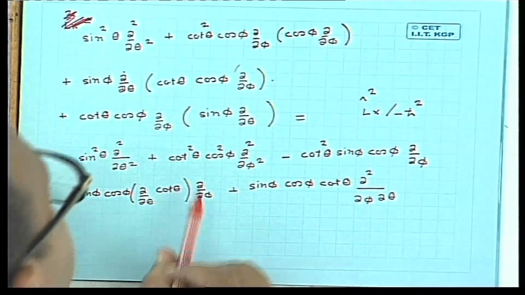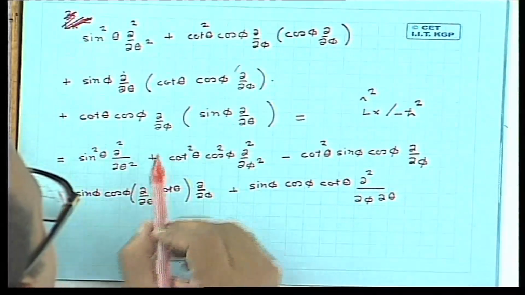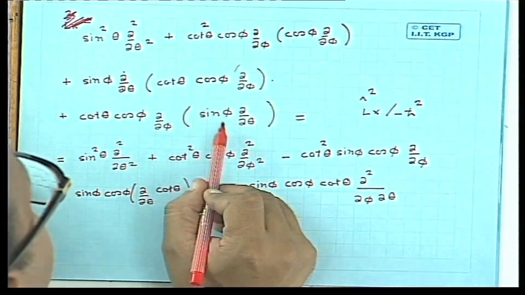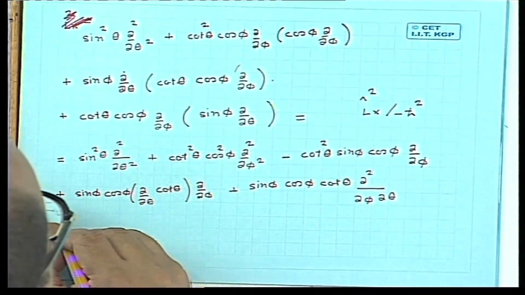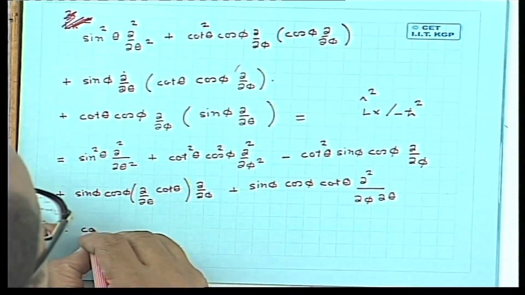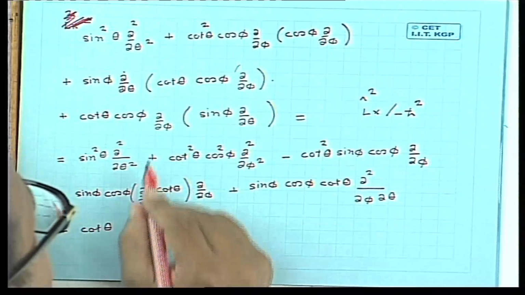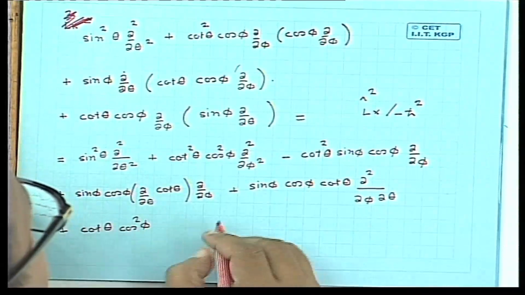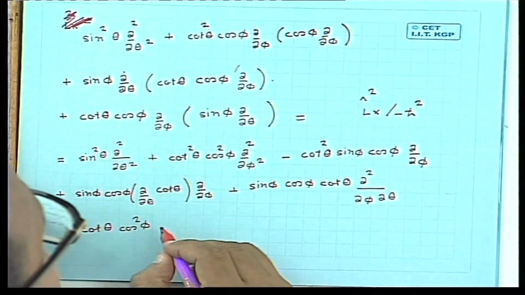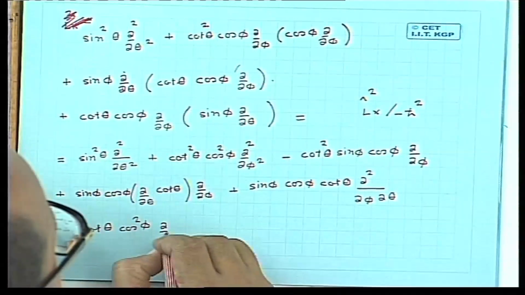And then we have the fourth term, which again gives us two things. The first thing is obtained when I differentiate sin phi. If I differentiate sin phi, I will get another cos phi. So I have plus cot theta into cos square phi into del by del theta.